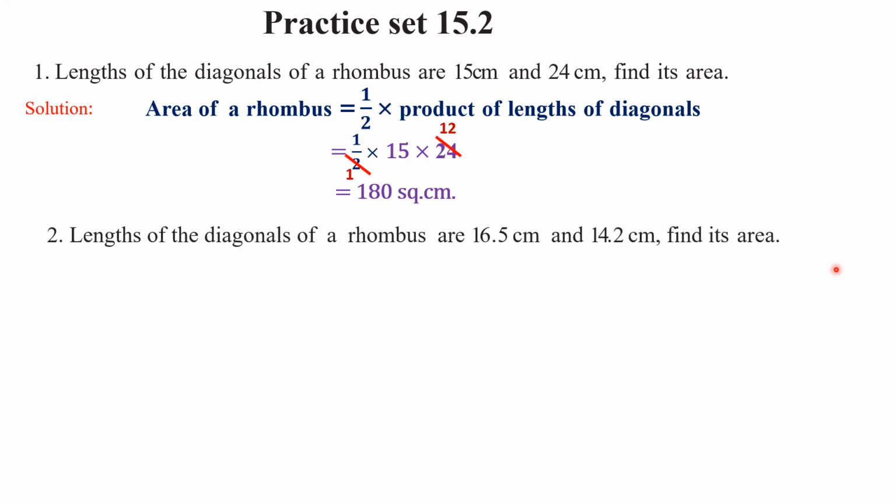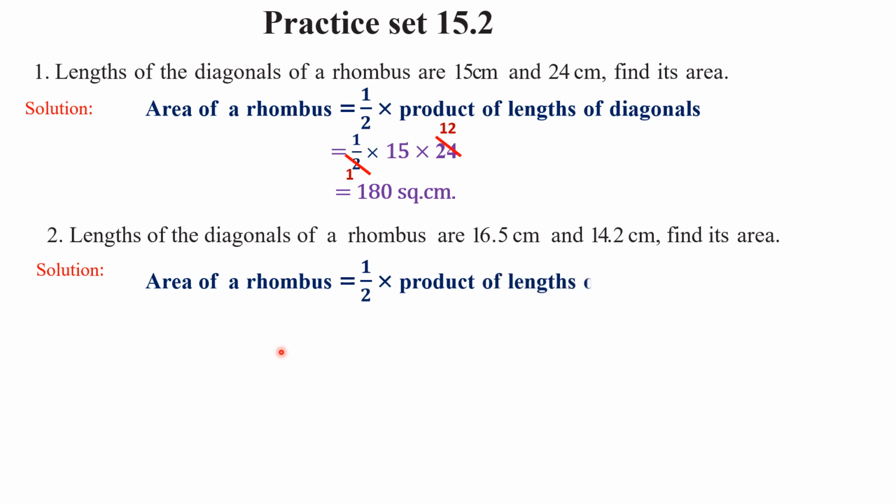Next one. The lengths of the diagonals of a rhombus are 16.5 centimeter and 14.2 centimeter. Find its area. Solution. First, write down the formula. Area of rhombus is equal to 1 upon 2 into the product of the lengths of diagonals. Now substitute the values.